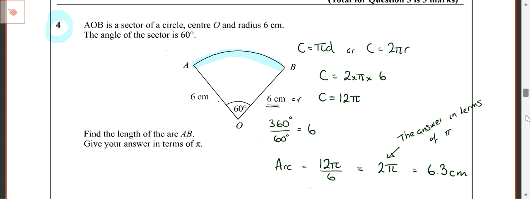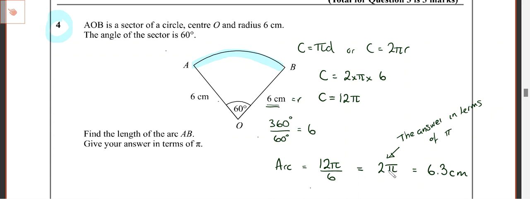But the reason why I've not really focused much on that is because it probably won't be a thing on the e-assessment. If the question says give your answer in terms of pi and you write that, it's a mark. If it says round your number to the nearest decimal place and you leave it as 2 pi, you'll lose a mark.